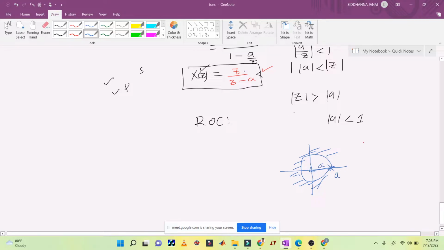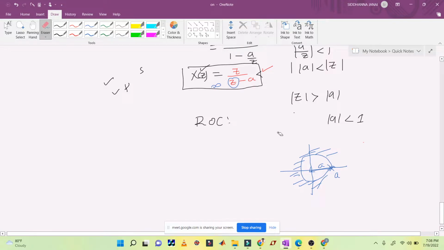A is here in this equation. If you substitute Z is equal to A, A minus A will be 0, and A divided by A minus A, that is A divided by 0, you will get. Then X of Z will tend to infinity. That is the meaning of this equation.